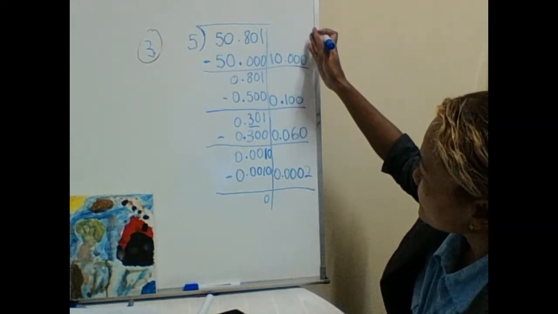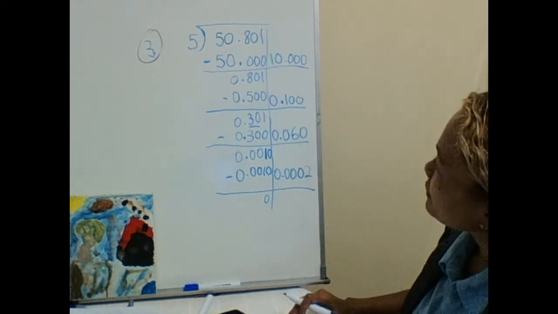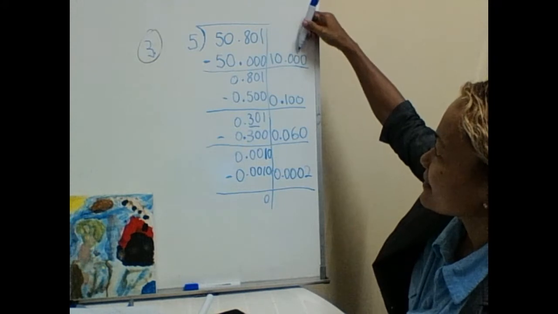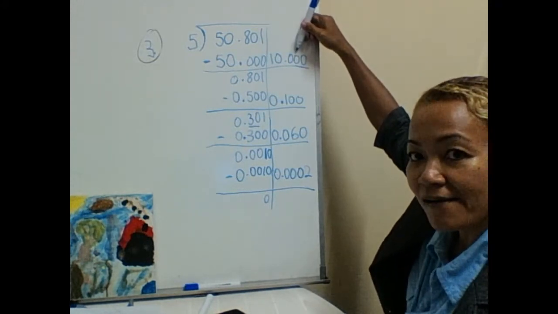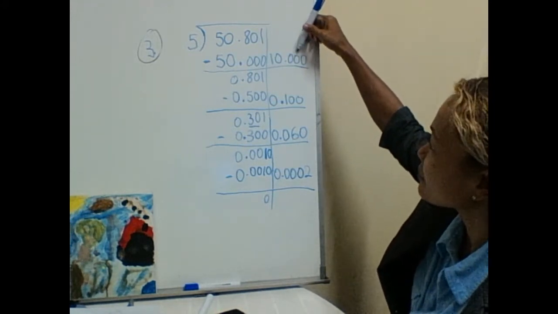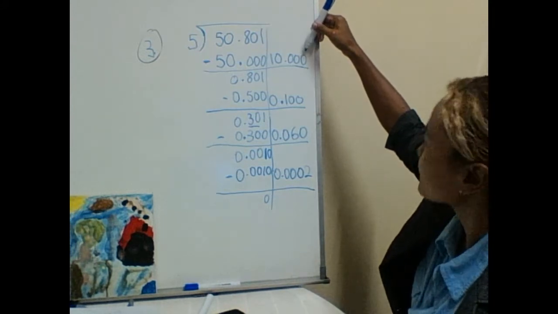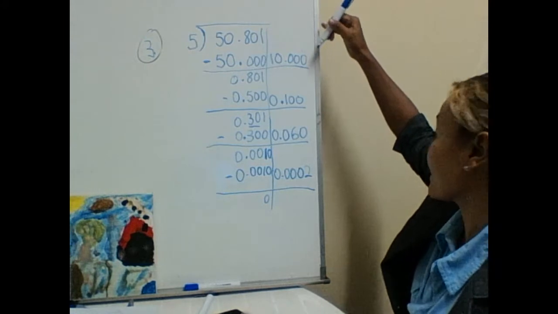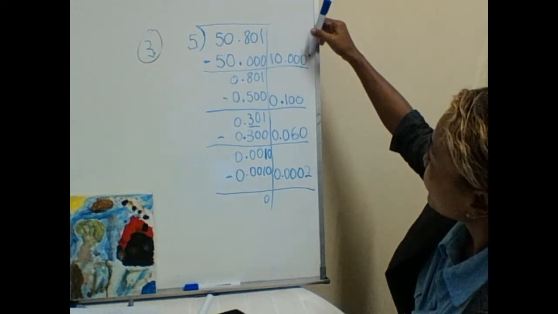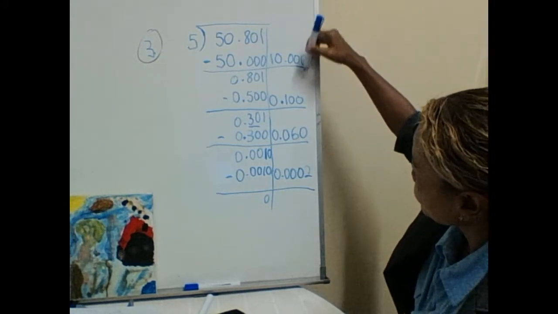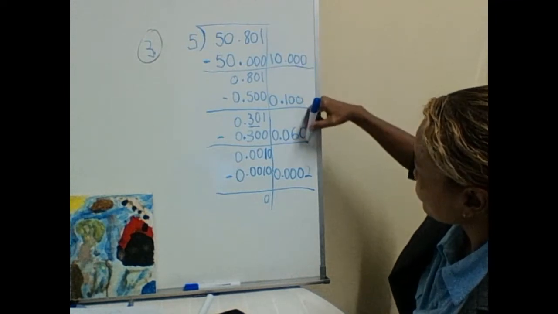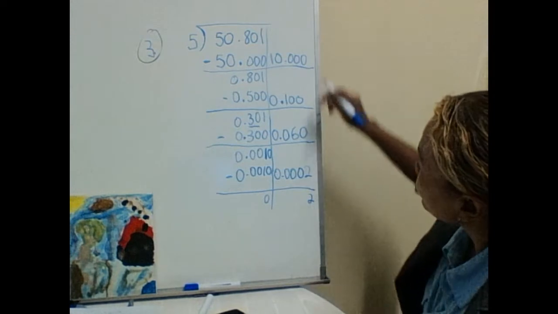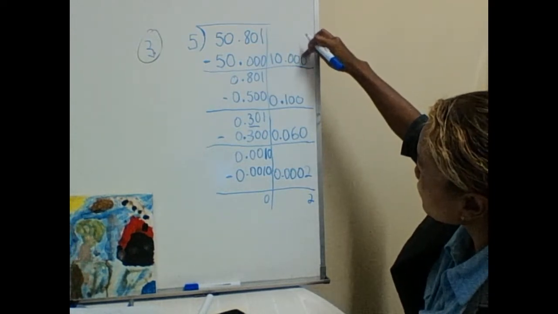Now if we just add everything by column, so this is the tenths. Tenths, hundredths, thousandths. And then the fourth place will be the ten-thousandths. 2. And 3 decimal places before.